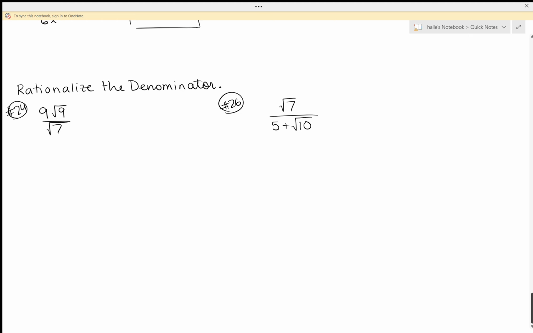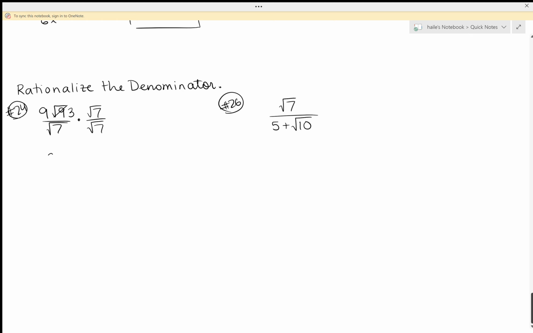So 9 times the square root of 9 over the square root of 7. This is a single radical in the denominator, and it's not added to any whole number. So we're just going to multiply this by the square root of 7 over itself. So you might notice on this one that actually 9 is a perfect square, so we can rewrite the square root of 9 as the number 3.